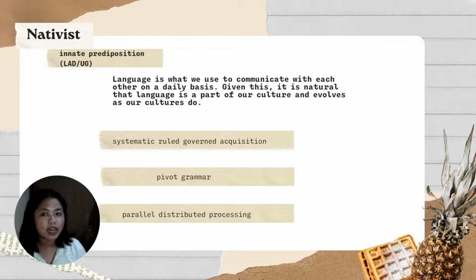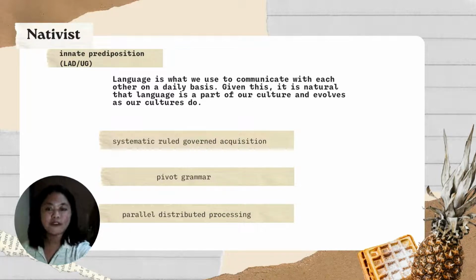So, the nativist is the order of innate predisposition. Language is what we use to communicate with each other on a daily basis. Given this, it is natural that language is a part of our culture and evolves as cultures do.